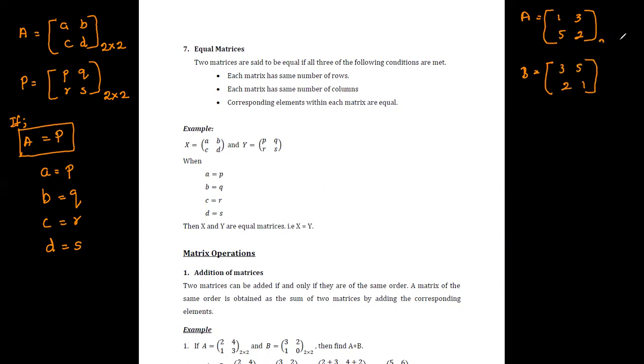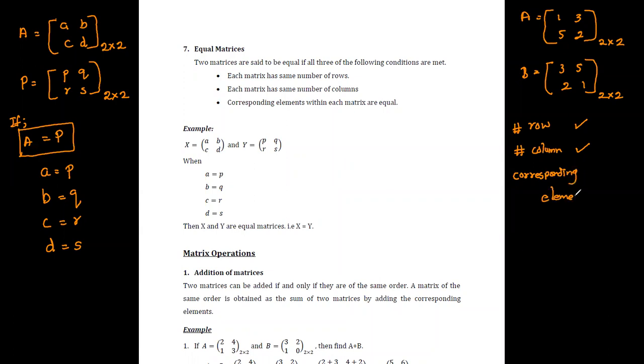Here we cannot say that these are two equal matrices. If you check the first condition, the number of rows, it is equal, so the first condition is satisfied. If you look at the second condition, the number of columns, it is also satisfied. The third condition is not, because of the corresponding elements.